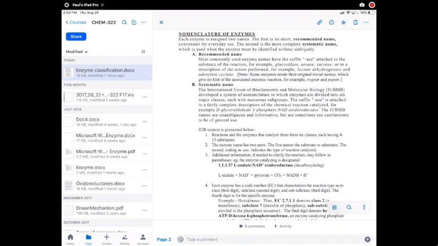Another example they put on there was lactate dehydrogenase. Lactate is going to be the substrate, and the dehydrogenase is going to move a hydride around. All right? So a lot of times the name tells you where it's going.